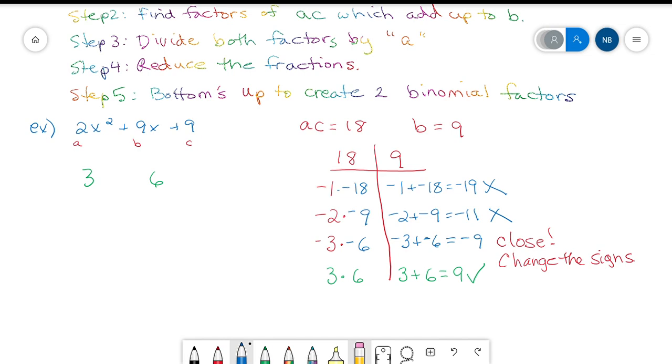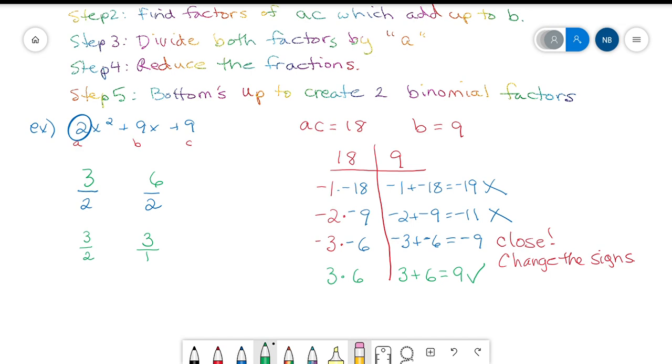You take both of these factors and you divide them by the leading coefficient a. So I'm taking this number here and I'm putting it underneath the two factors I found in my chart. Now I reduce those two fractions. 3 over 2 does not reduce. 6 over 2 does reduce. It reduces to 3. And because we need a bottom, we're going to go ahead and put 3 over 1.